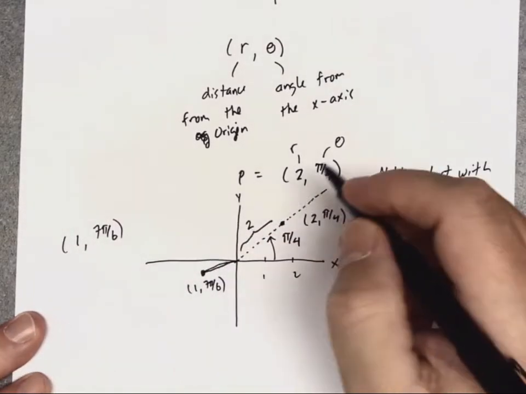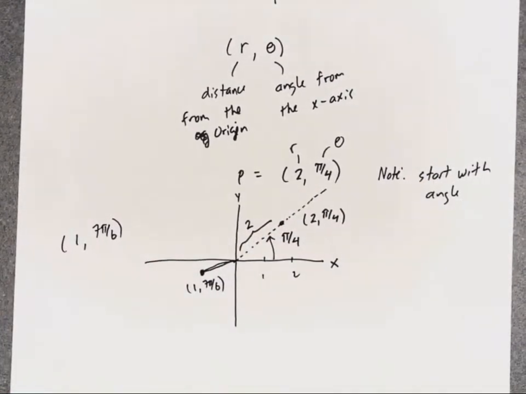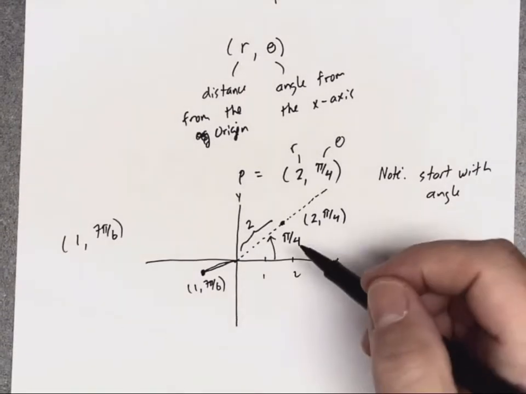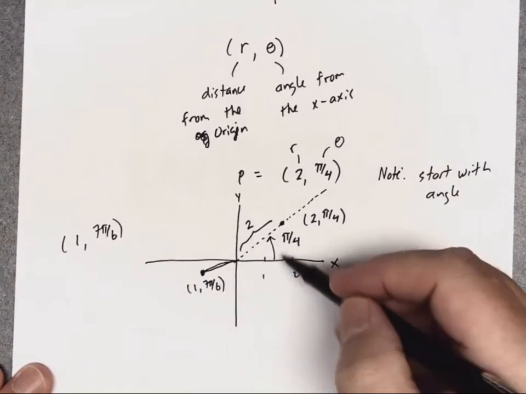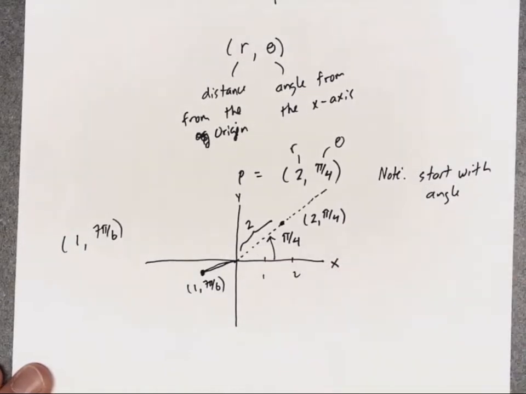So that point represents (1, 7 pi over 6). Really not too difficult, especially since we have a pretty good feel for measuring angles on this coordinate system. It's sort of just like unit circle kind of stuff, those angles.